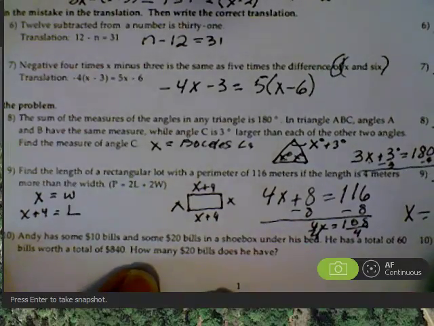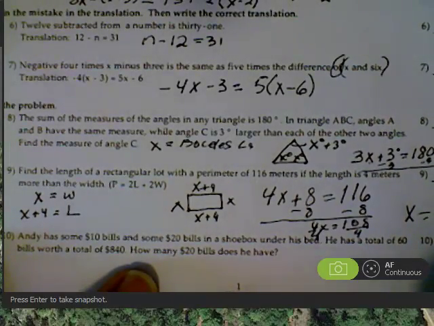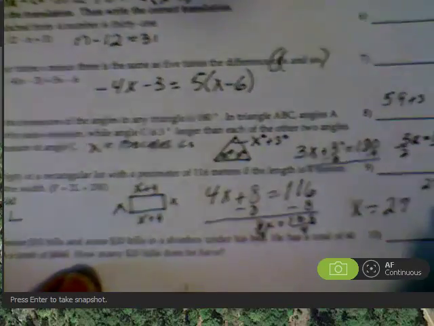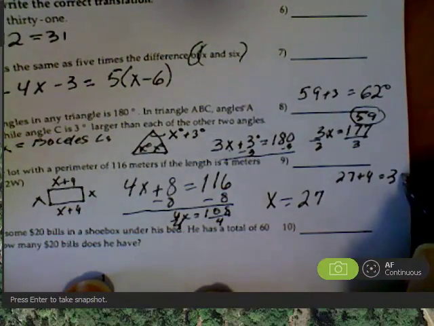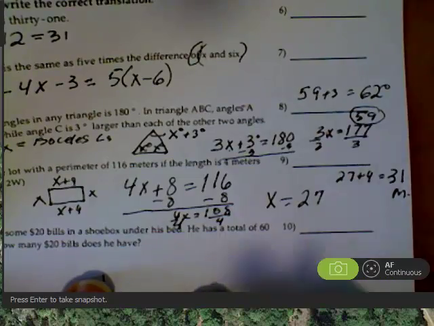So we have to go x plus 4, or 27 plus 4. Of course, 27 plus 4, 31 meters.